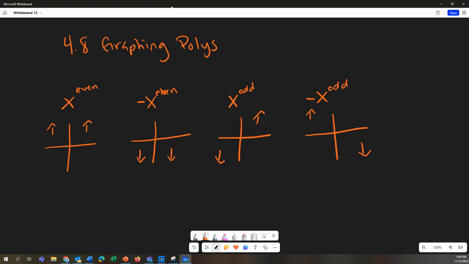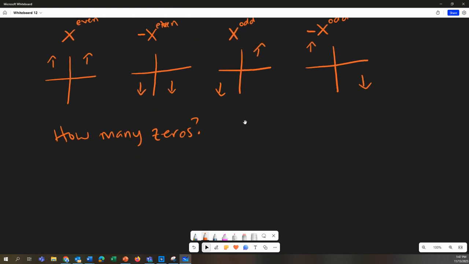Now, how do we know how many x-intercepts we have? That's also with the degree. So if we have a power of x to the fifth as the highest, then we would have up to 5 x-intercepts. Now, are all of those intercepts going to be real numbers?